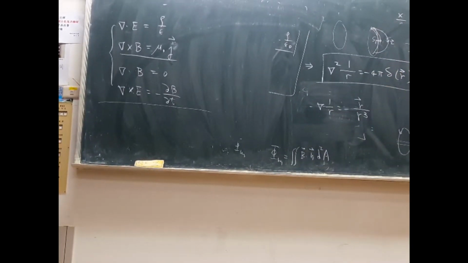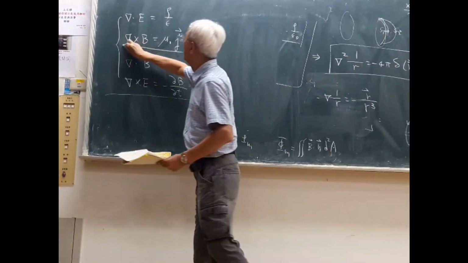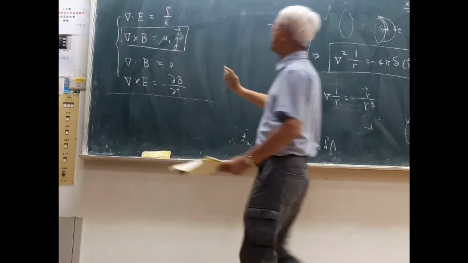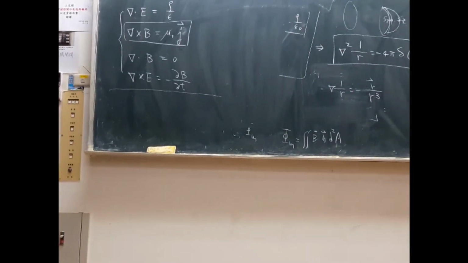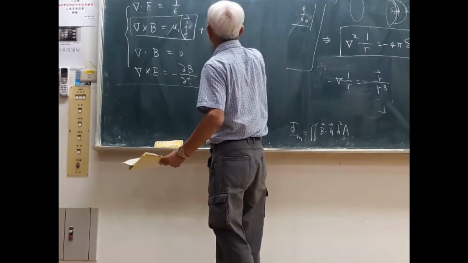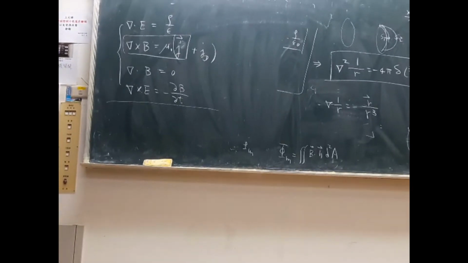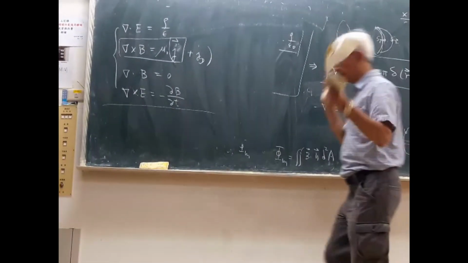So Maxwell specified all of these, except he found out one of them is inconsistent, so he added a term to make it self-consistent.